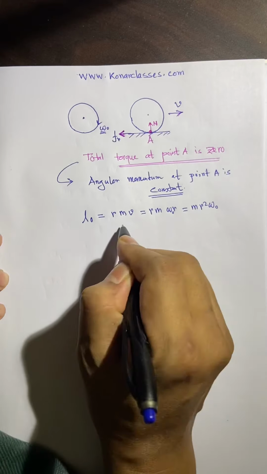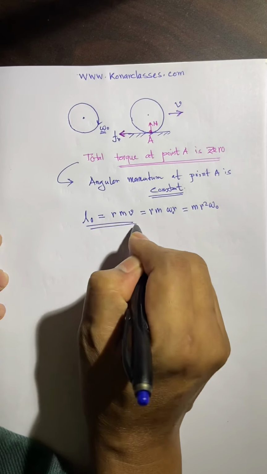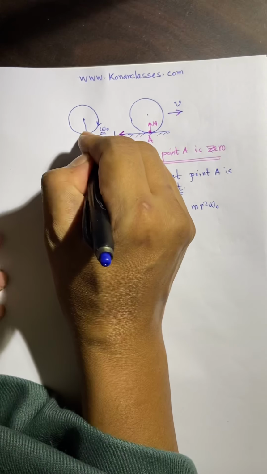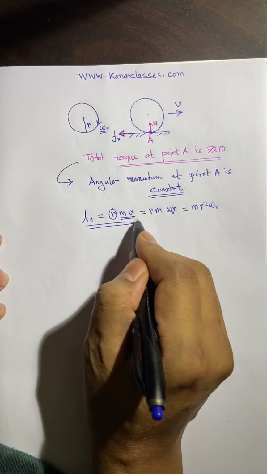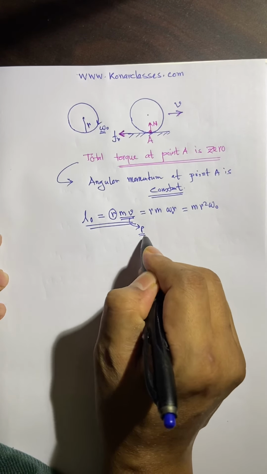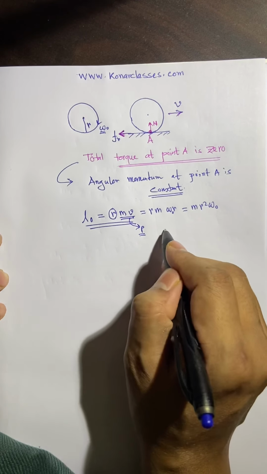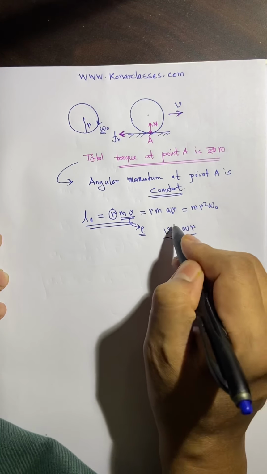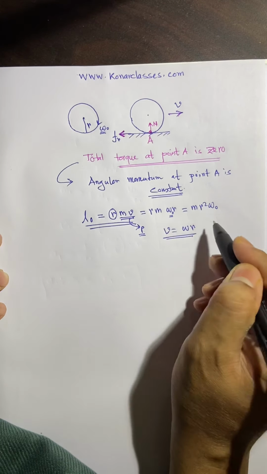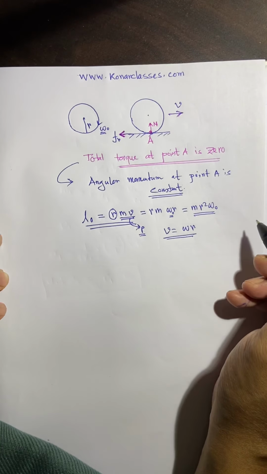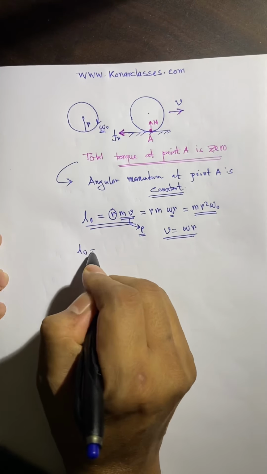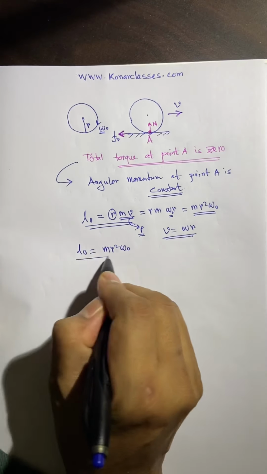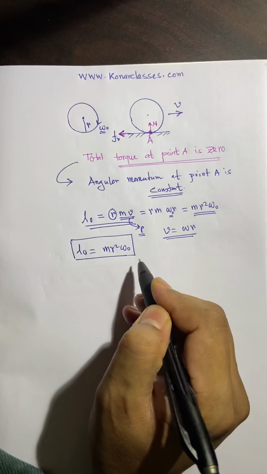This is the angular momentum, meaning the distance into the linear momentum. Here the distance is the radius, into linear momentum P. And you know that v equal to omega r. So we are applying v equal to omega r. Here omega is omega 0, and therefore we get m r square omega 0. So L0 is m r square omega 0. This is the initial angular momentum at point A.